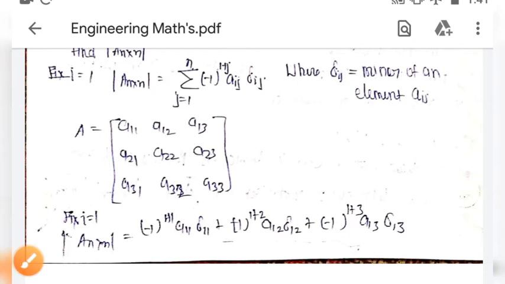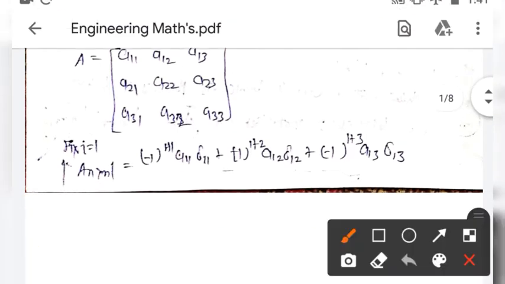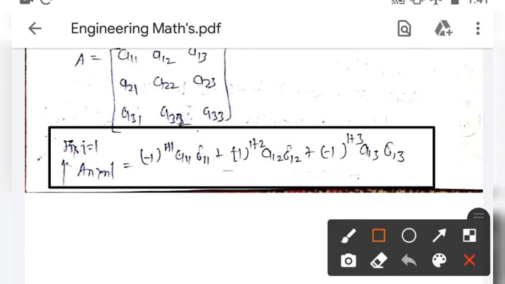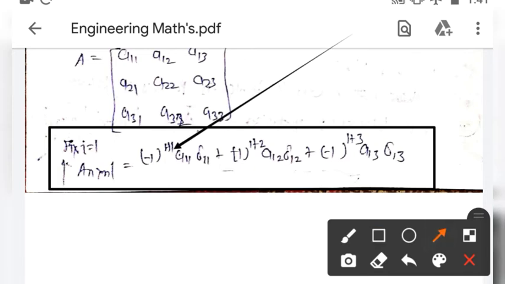So for the element number 1, this is the general equation I already told you. I have fixed row number 1. You can fix either a column or a row. Here I am fixing i equal to 1, and j keeps on varying: j is 1, next is 2, next is 3 columns.